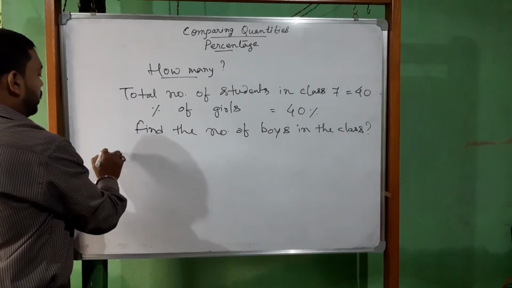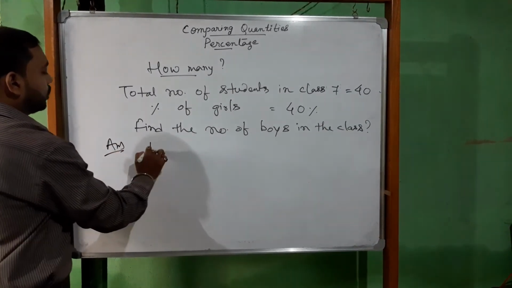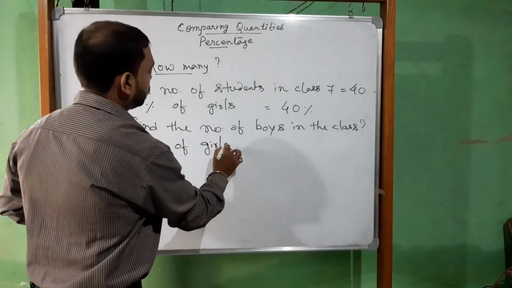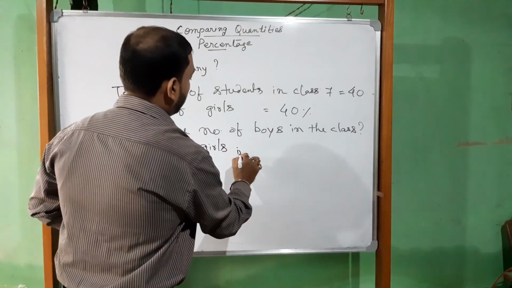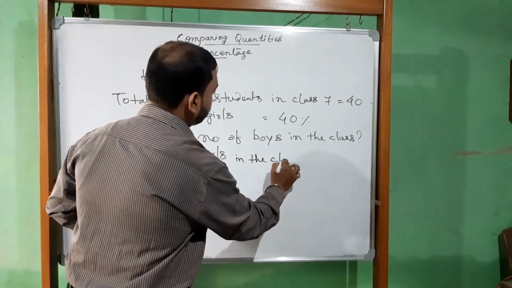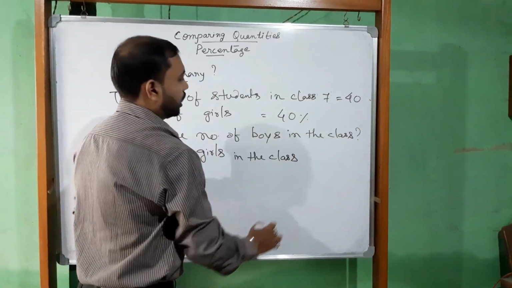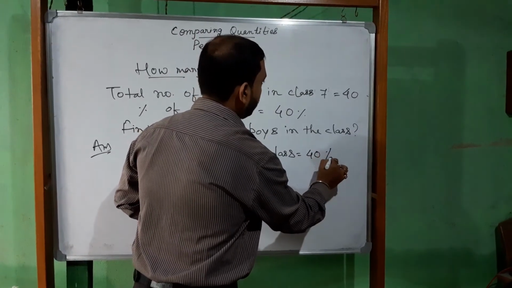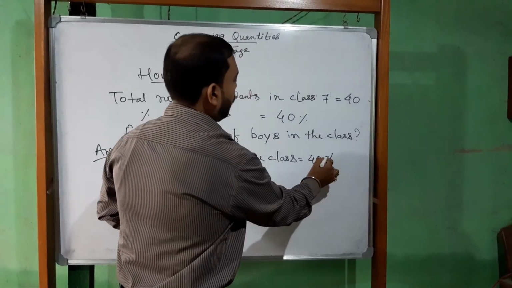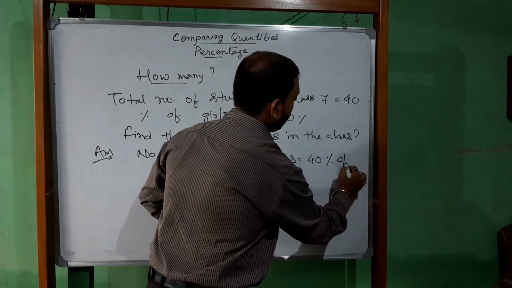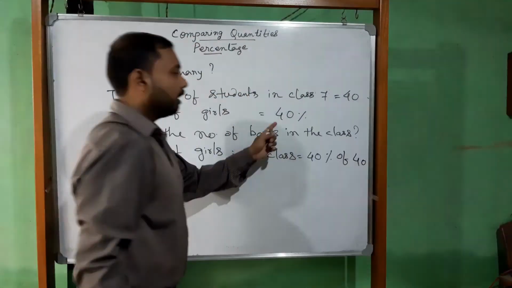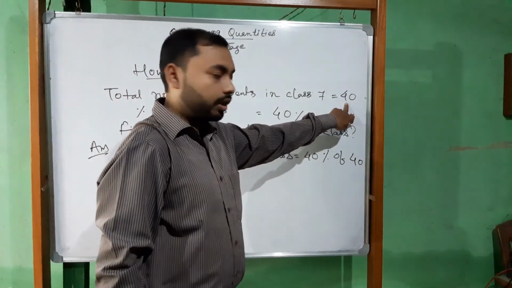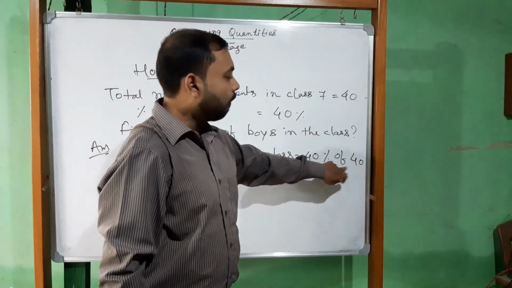So solution part: number of girls in the class is equal to 40% of 40, because the percentage of girls is given as 40% and the total number of students is 40.